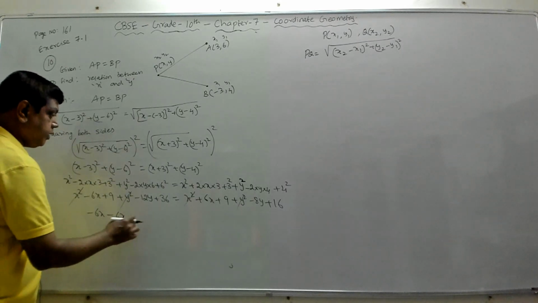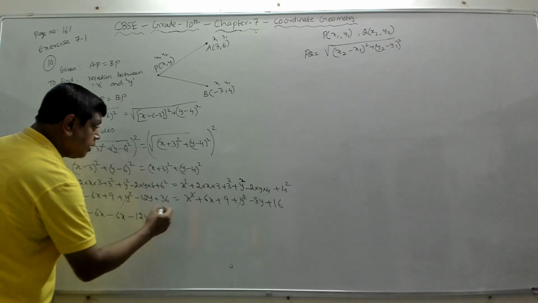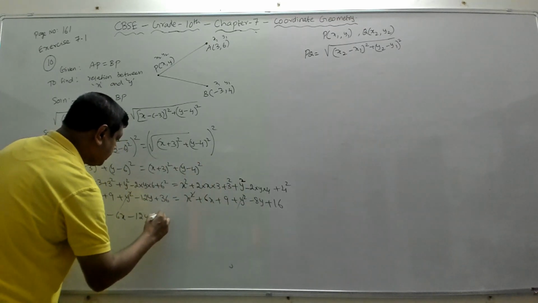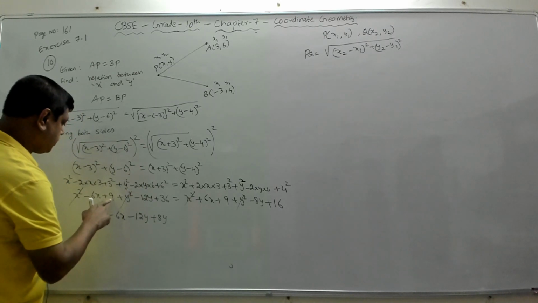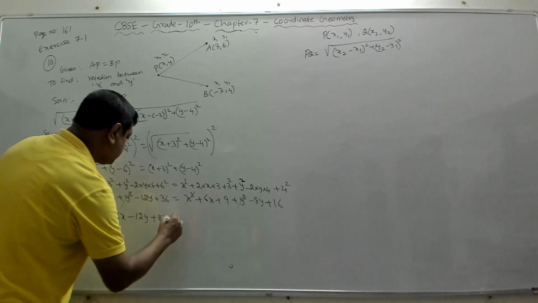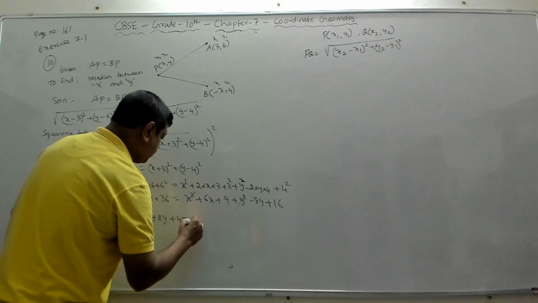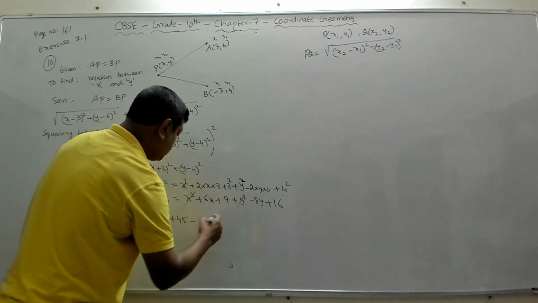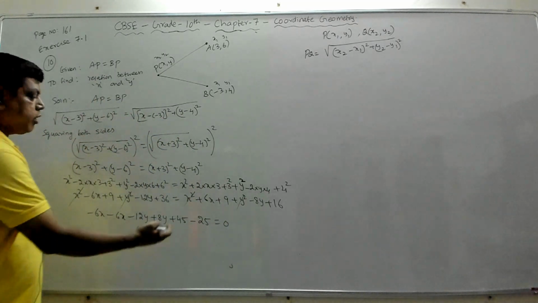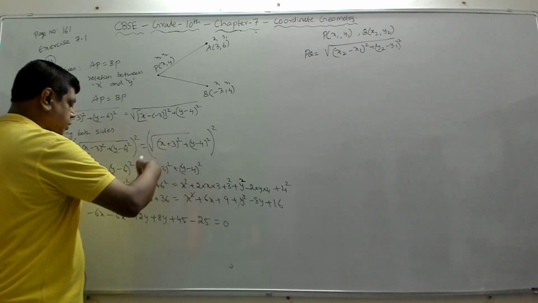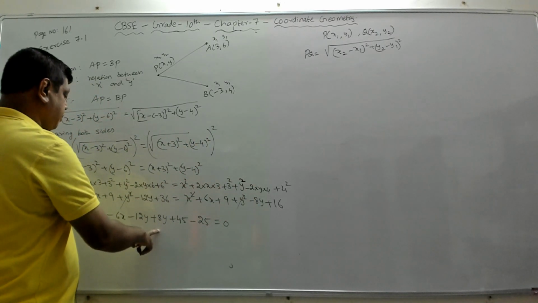Right? Then we have minus 12y. Bring this 8y here, it will become plus 8y. Now we have numbers: 9 plus 36 is 45. Minus 9 plus 16 is 25. That will come here, it will become minus 25 equal to 0. So we have brought everything to the left hand side. 6x has come here as minus 6x. 8y has come here, it has become plus 8y.